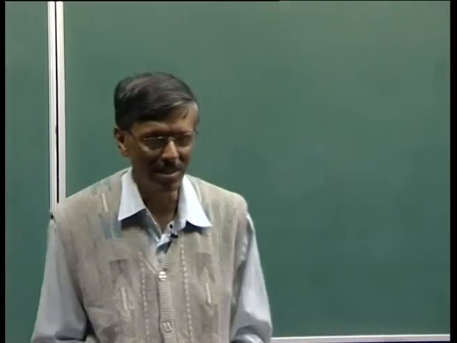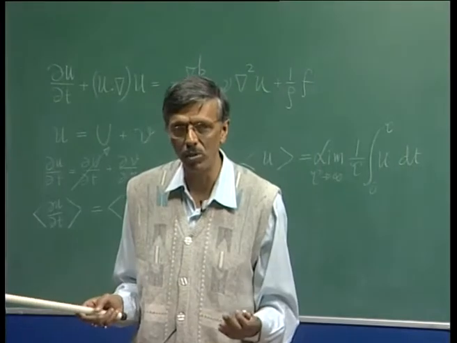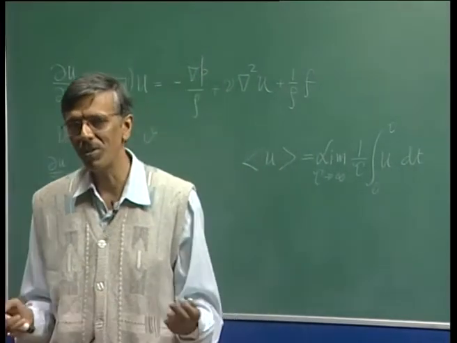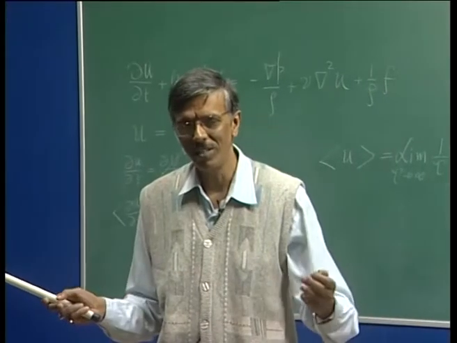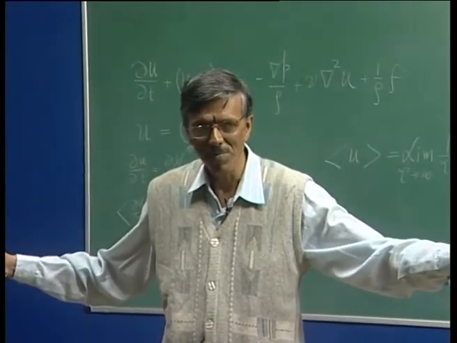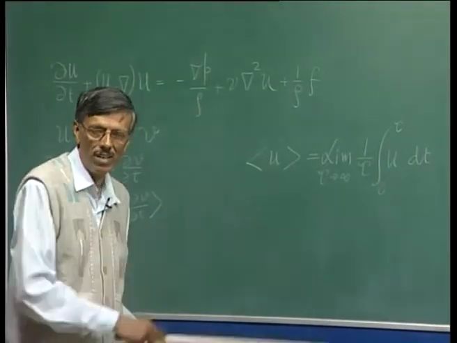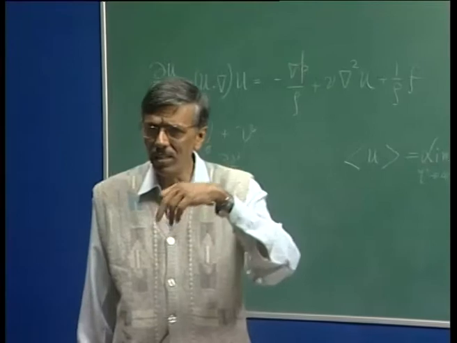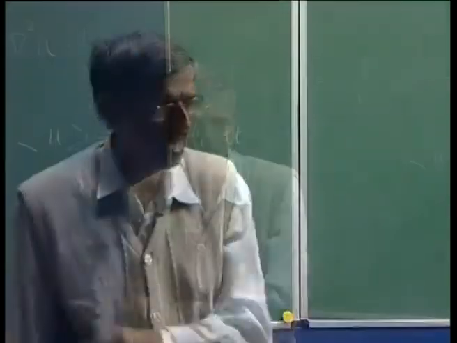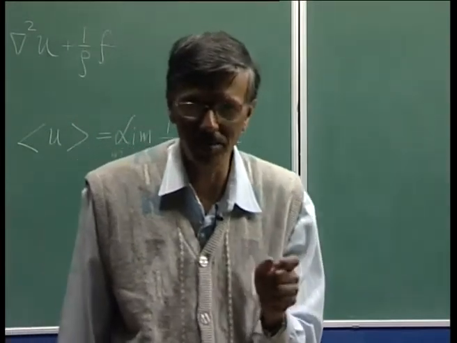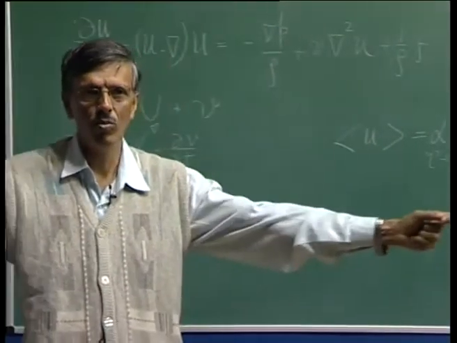So, even though we are looking at a time dependent motion, there are two types of time variation. One is happening over a very large time. That is what this time averaging operation is suggesting, and another is that very high frequency fluctuation that is characteristic of hydrodynamic turbulence. So, these two frequency scales are widely separated.